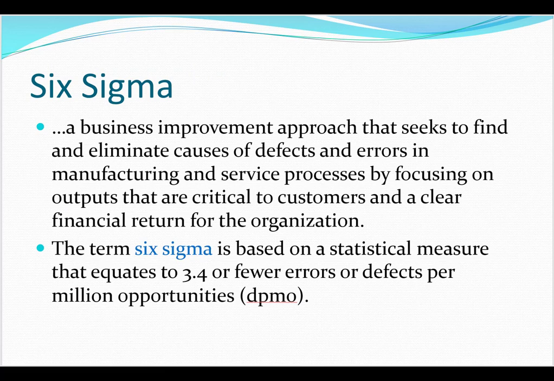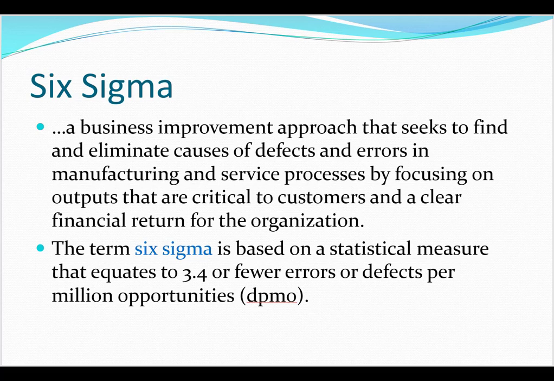So, what is Six Sigma? Well, Six Sigma is a philosophy of bringing improvements to business processes. It's a way of thinking, essentially, which seeks to find and eliminate causes of defects.